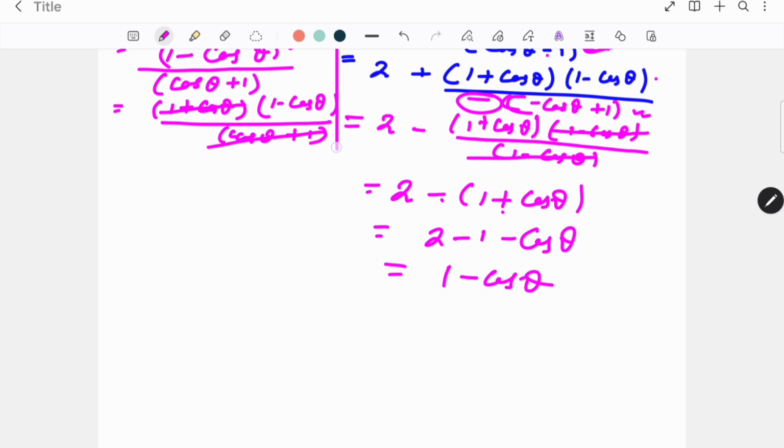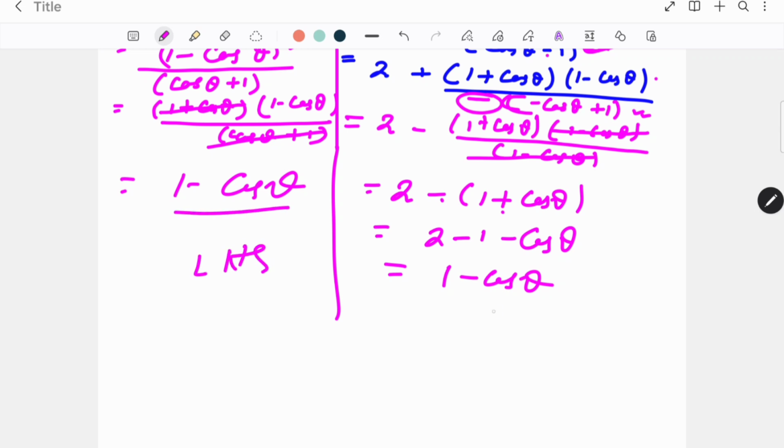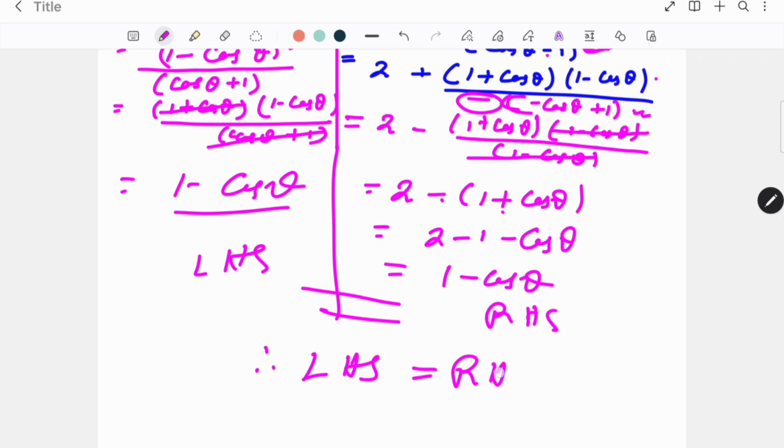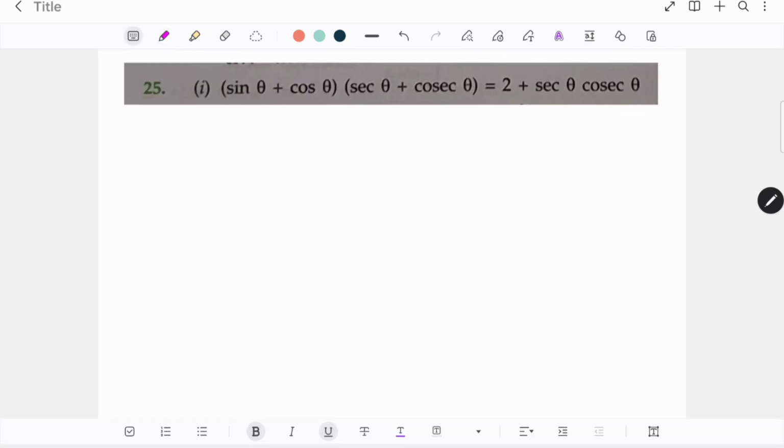In the RHS, check, in the LHS also we are left with 1 minus cos theta. This is LHS, this is RHS, both become same. Therefore LHS equals RHS, we can say. Hope you understood this. Let's see how can we do this.